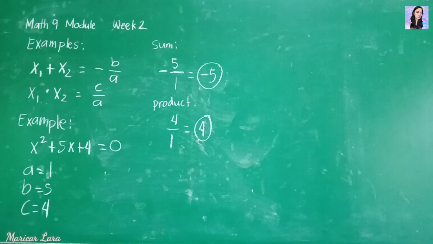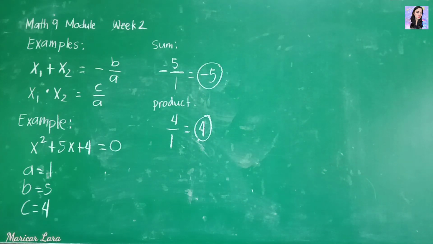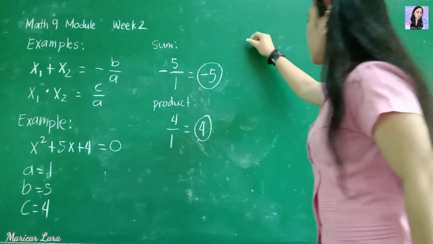So, meron tayong checking para dyan. Ito yung checking natin. So, ang ginamit na method dito ay factoring. So, pinactor yung x squared plus 5x plus 4. Ang nakuha ay x plus 4 and x plus 1. And then equate to 0. We will have x equals negative 4 and x equals negative 1. Checking tayo.